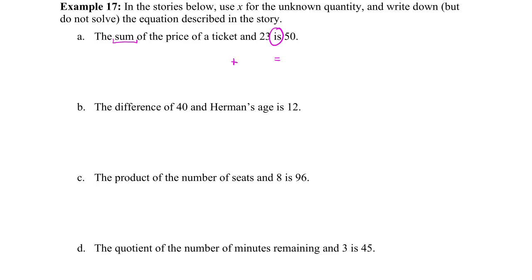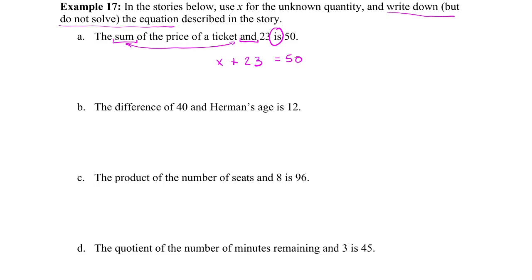The sum of, sum will typically have an and associated with it. The sum of the ticket price, that's an unknown, so x, and 23 is 50. That's all there is to breaking one of these down. And notice the instructions tell us to write down, but do not solve the equation. We could solve these equations as well, but we don't need to.